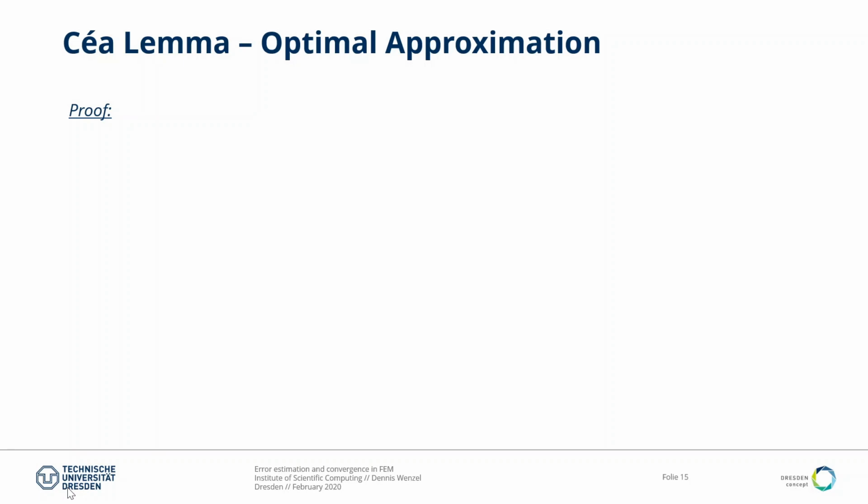The first property we know is that U star is the exact solution, so the solution of the continuous problem, meaning that if we apply our bilinear form with U star and any V, then this is going to be the same as L of V, and that's true for all V in the whole space V. Okay, and then we have this solution for the discrete problem, and we call it UH.